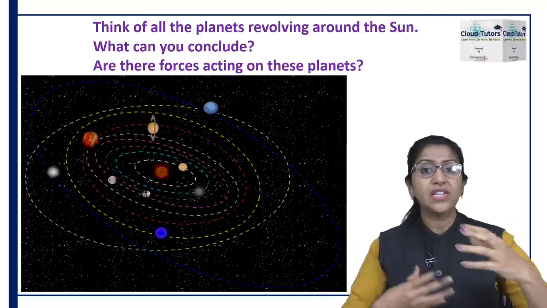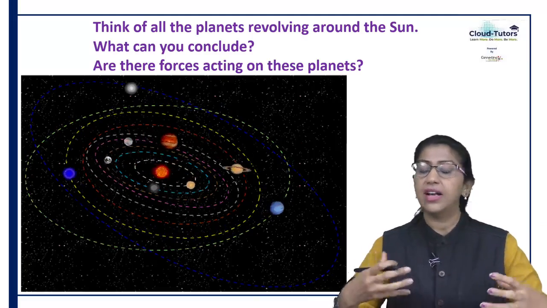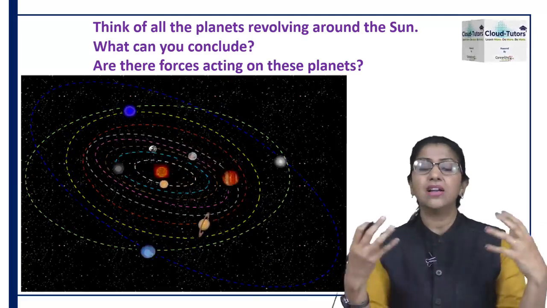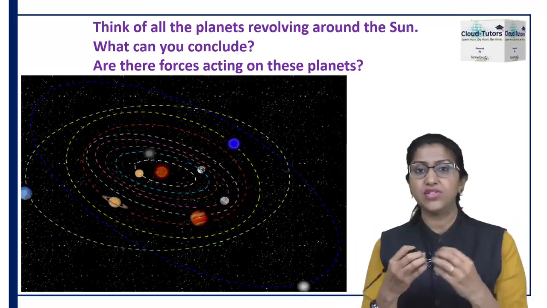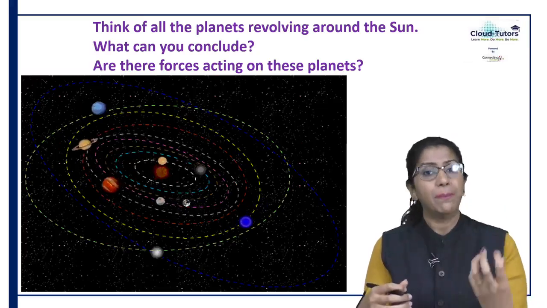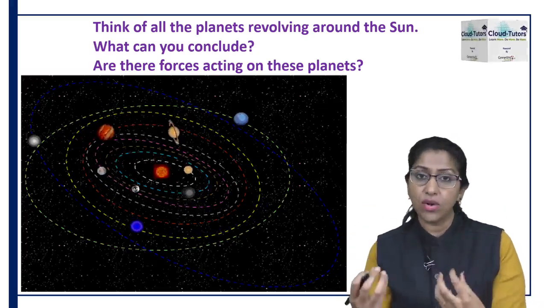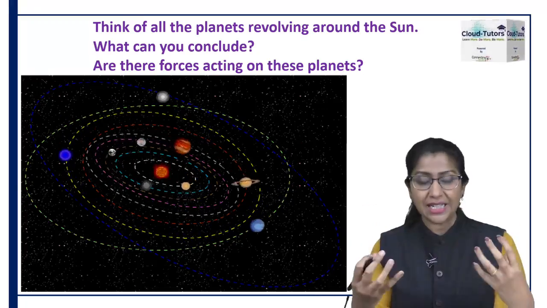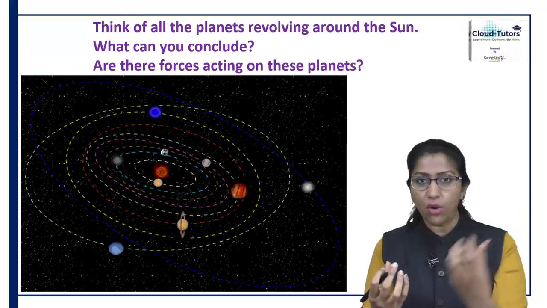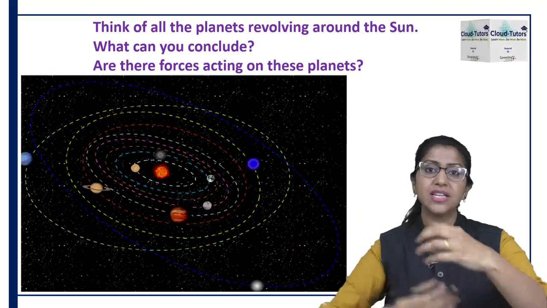So the revolution of these satellites around our planets is also because of the gravitational force of attraction between the planet and the satellite. It is also true for the planet as a whole, along with its satellites, as it revolves around the sun.